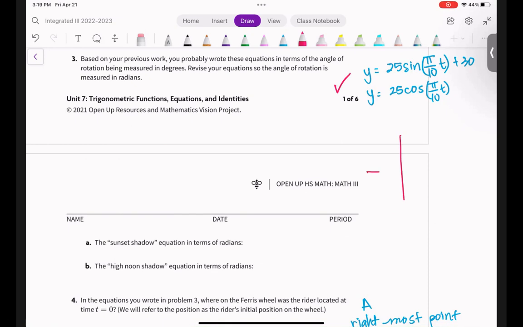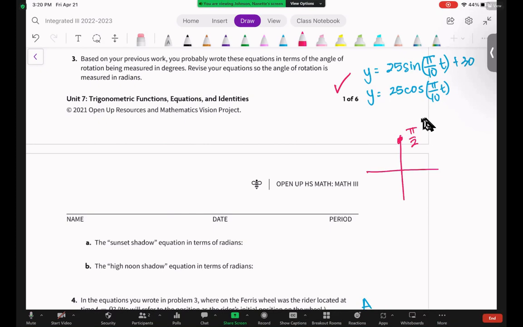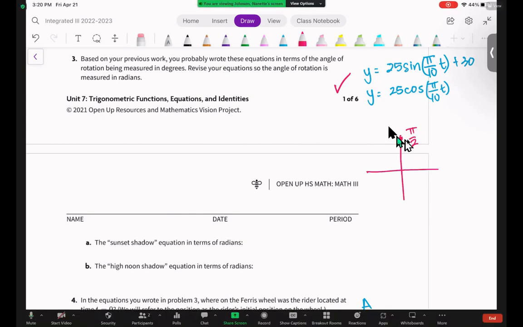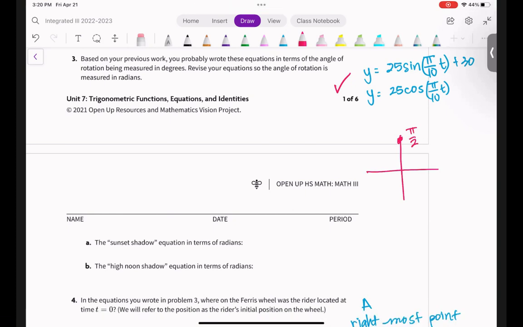If you remember, this guy up here, his name is pi over 2. Because we're going to start here, think about how this fits into our equation. Where would you put that? Go ahead and pause and think about where you would put this pi over 2.